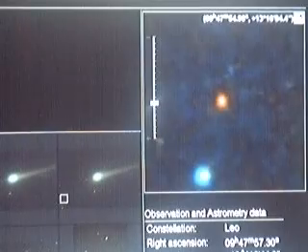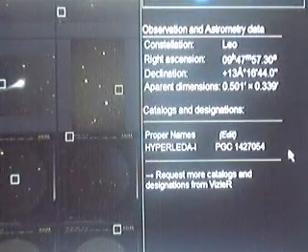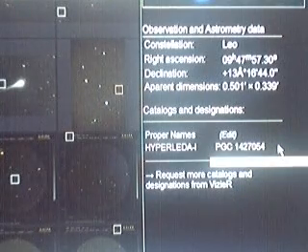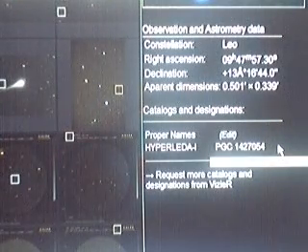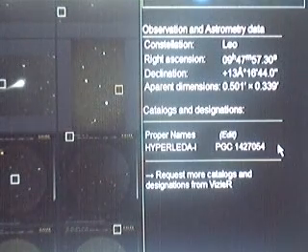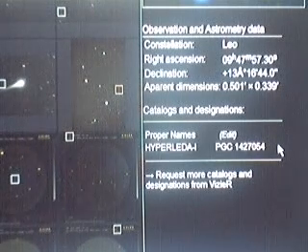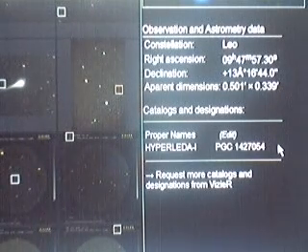But as you saw, right here, it is not called NIBIRU. It is called PGC 1427054.